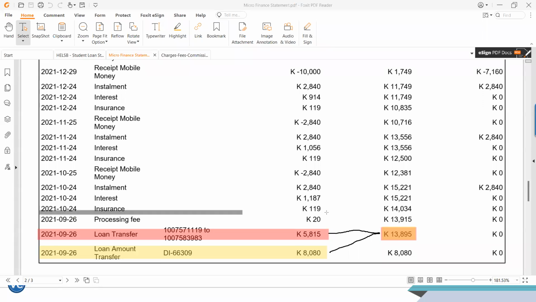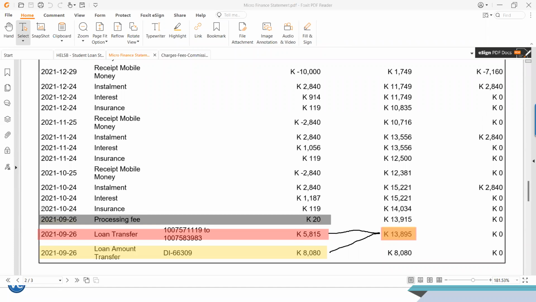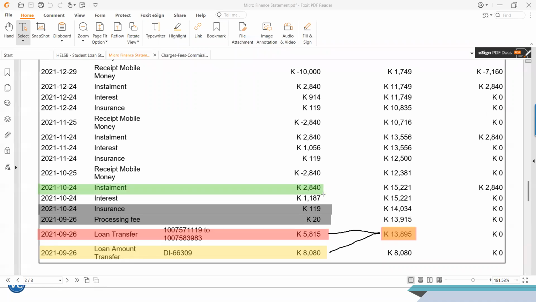So we have the usual fees, processing fee, then we have insurance hit, and yet you as an individual, what you know is that you should only be paying back this 2,840 kwacha. But in addition to this, you should pay an insurance fee of 119 kwacha, plus a processing fee of 20 kwacha, plus an interest fee, again, in 1,800.